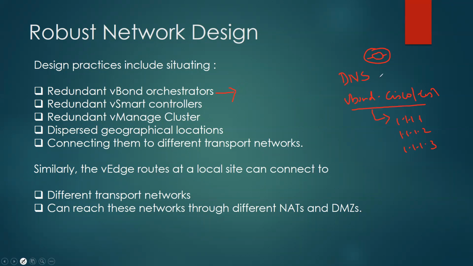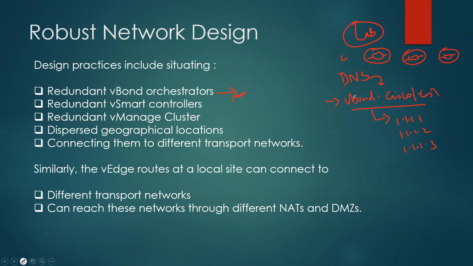This is the DNS concept: DNS mapped with multiple IPs. So you are providing redundancy in terms of multiple IPs because you have three different vBonds. All three vBonds may have the same domain name. And I think that is there in our lab as well. We can check this in our lab scenario, how we have configured our vBond in terms of DNS.